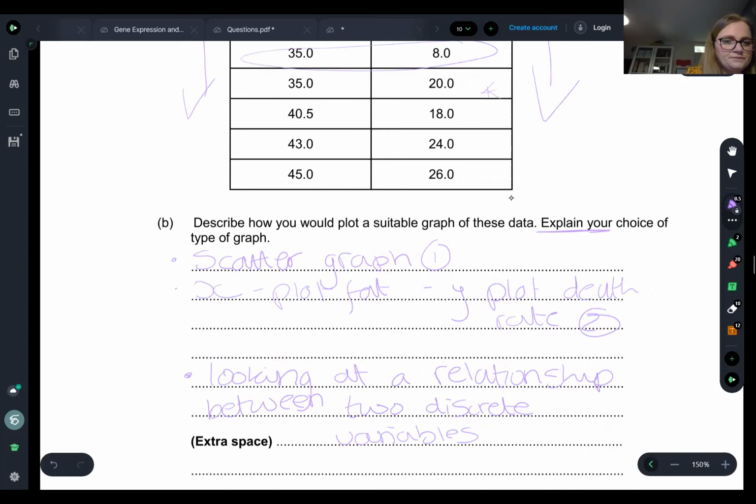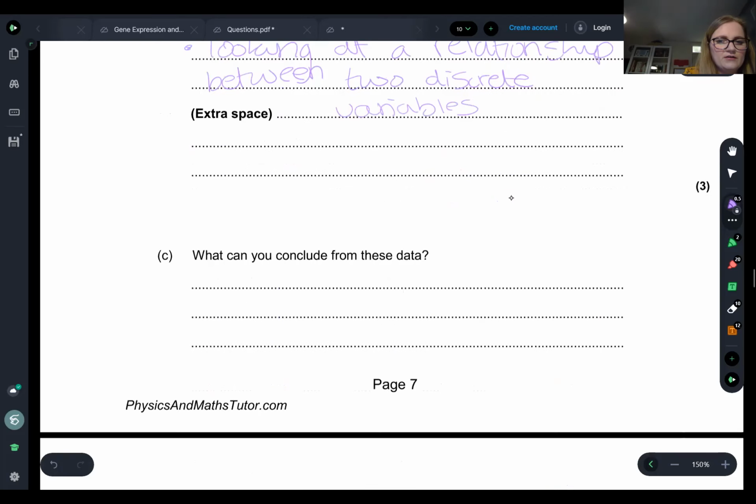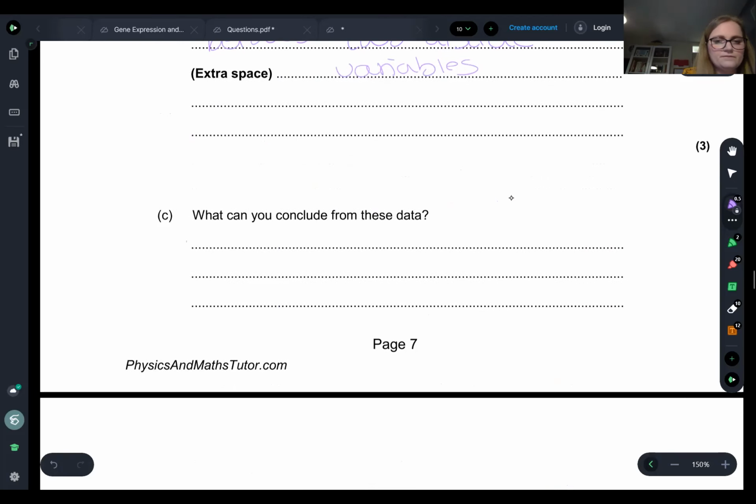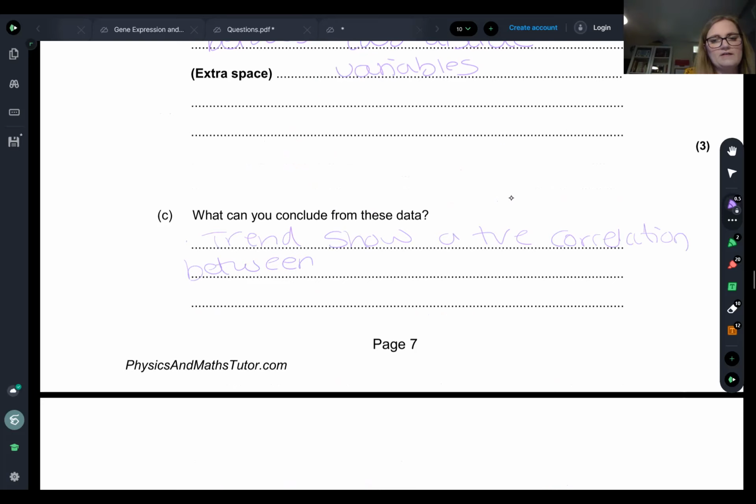So our general trend would show a positive correlation between fat in diet and death rate.